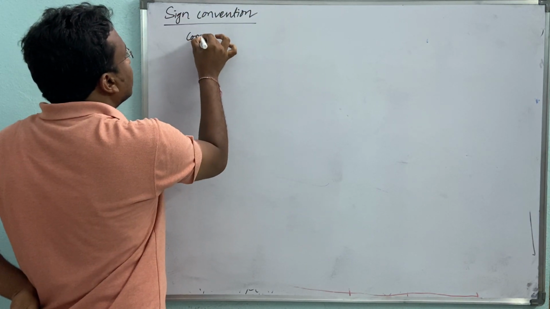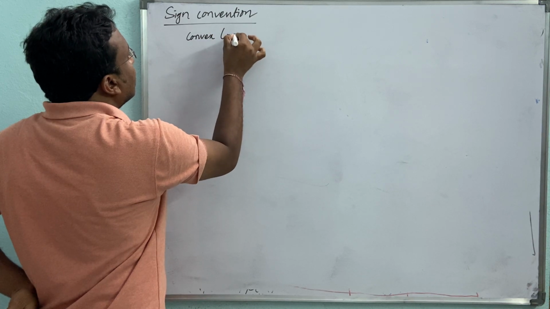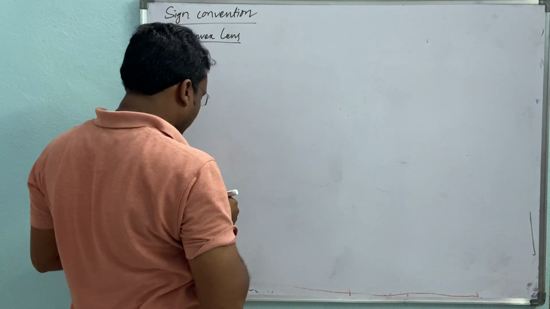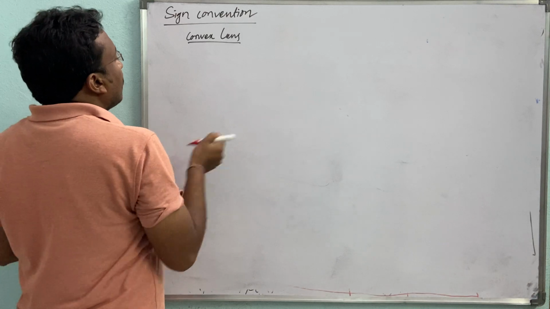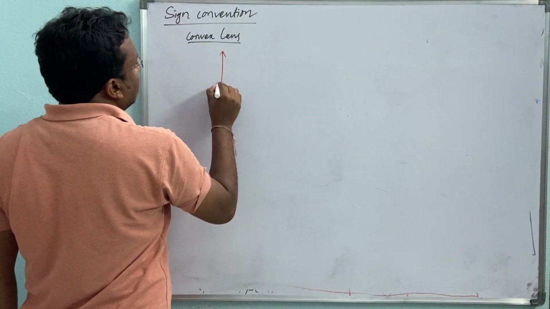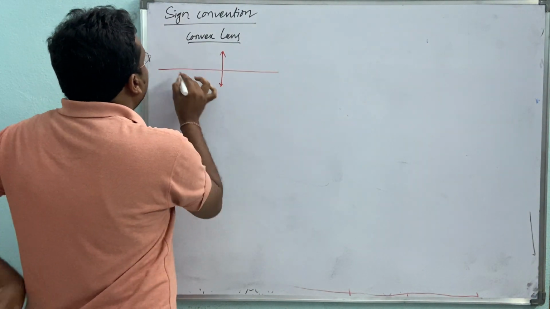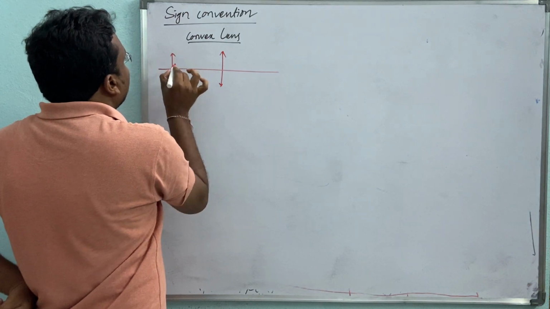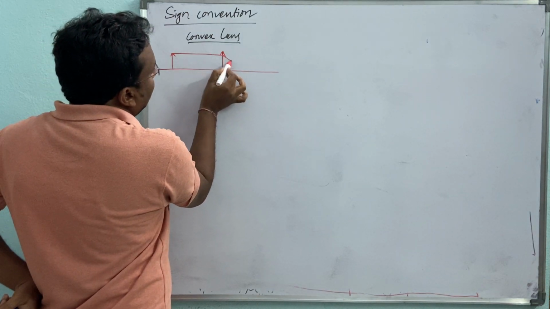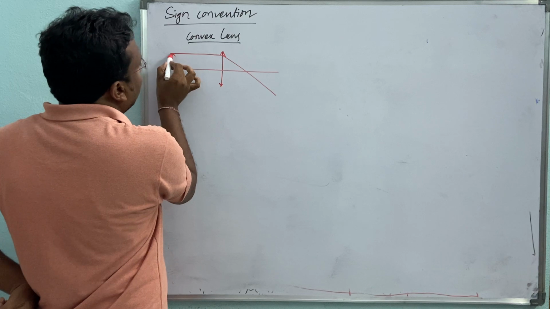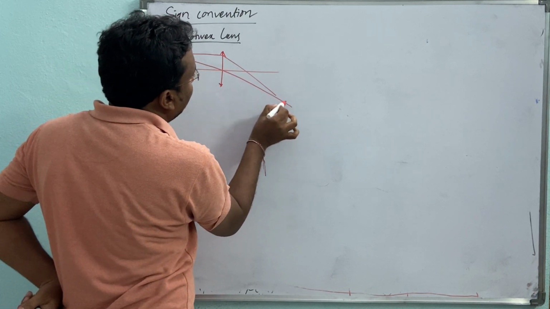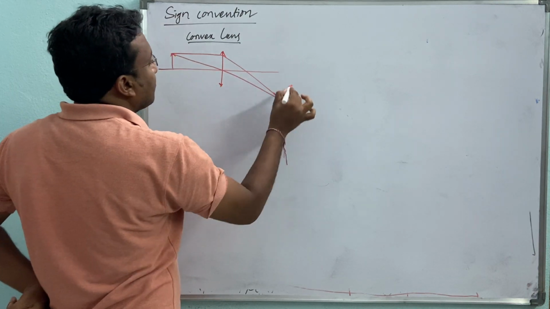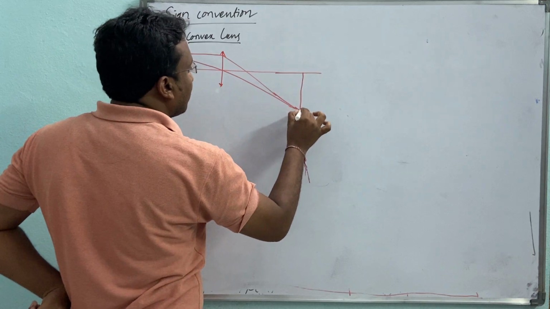Convex lens. Here, see here, for example, the lens. Here it passes through it, and for example, here is the image formation.